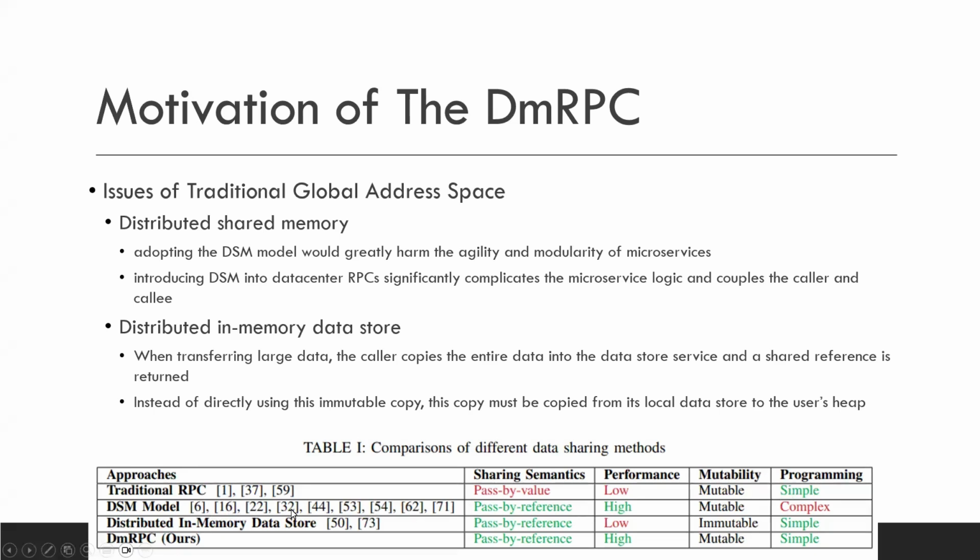The DSM model, the previous work, is pass by reference with high performance but very complex for programming. In the distributed in-memory data store, the performance is very low and the data is immutable. And DmRPC claims to be pass by reference, high performance, simple to program, and mutable.